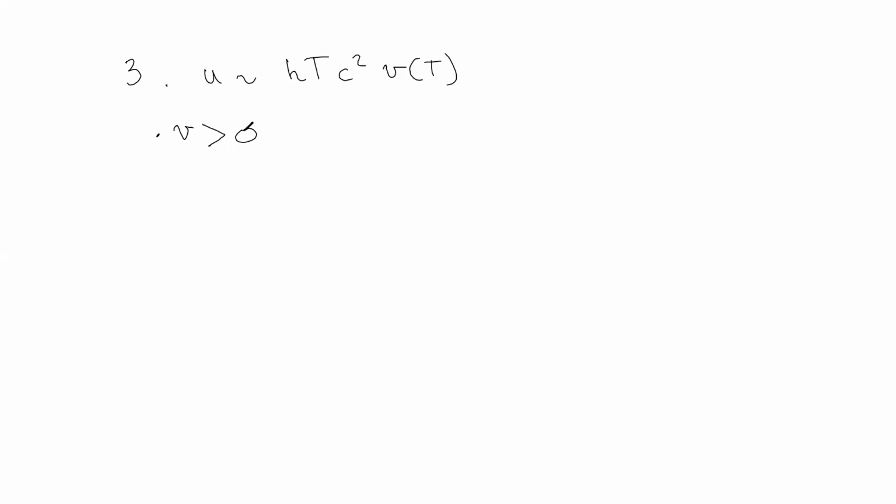You have a positive interaction energy, so it's a repulsive situation. I remind you that C is equal to N over R^D. So you have this guy squared, times V. So you see that if V is positive, you have a repulsive energy. So the idea is that you want R to be as large as possible, so that this guy in front is as small as possible. So it will tend to extend your chain so that there is no interaction between the monomers, typically.